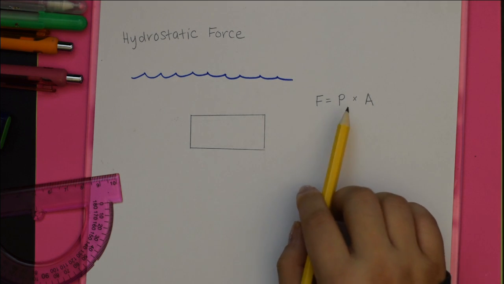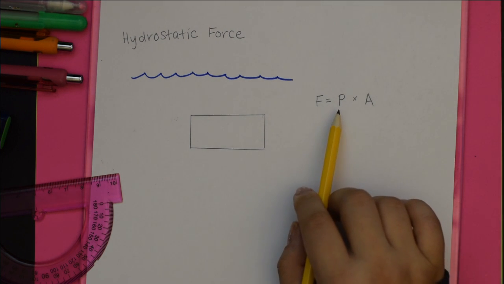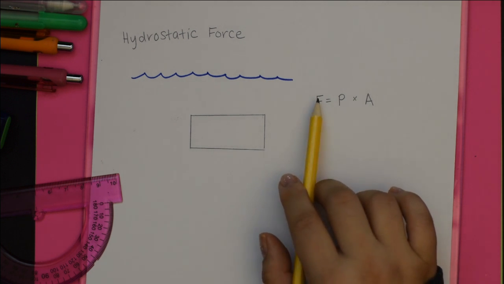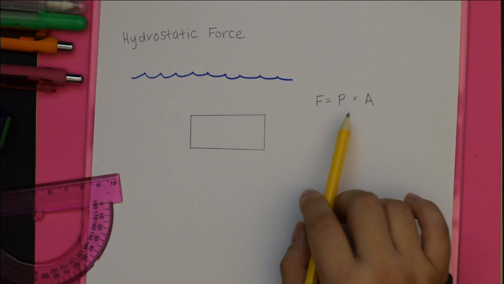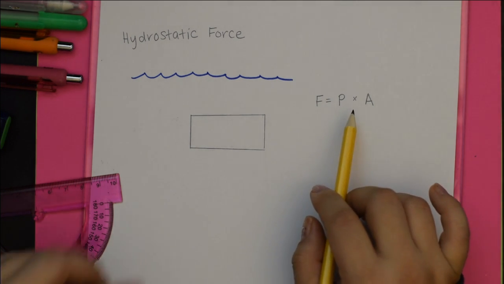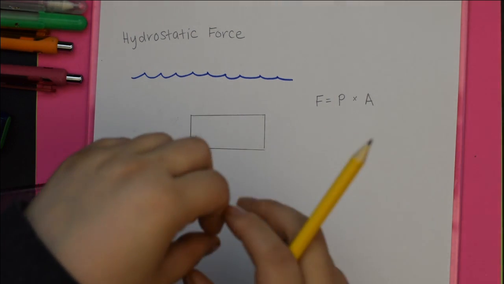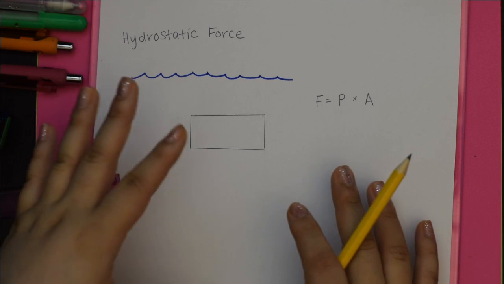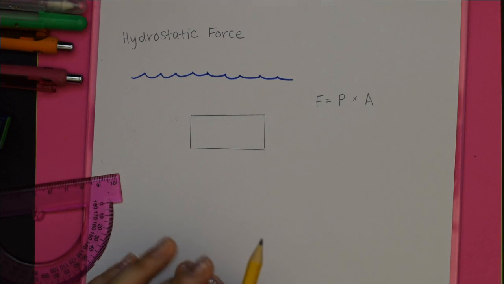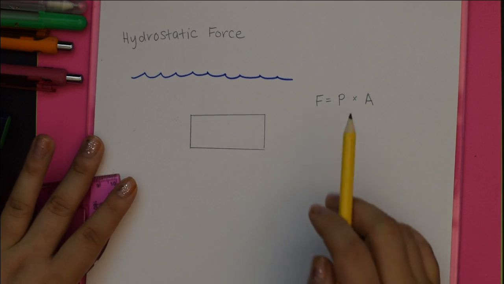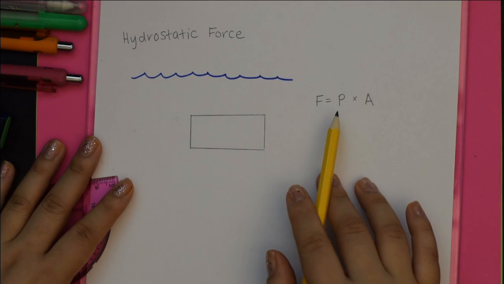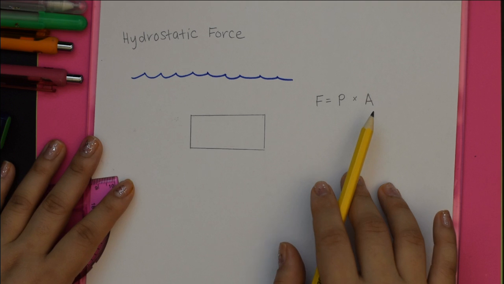And you might see this rearranged a little bit differently, like pressure is a force over an area, and that's the one that's more intuitive for me because it's a force applied over an area. So that is how much pressure you have. But rearranging that, you get F equals P times A.